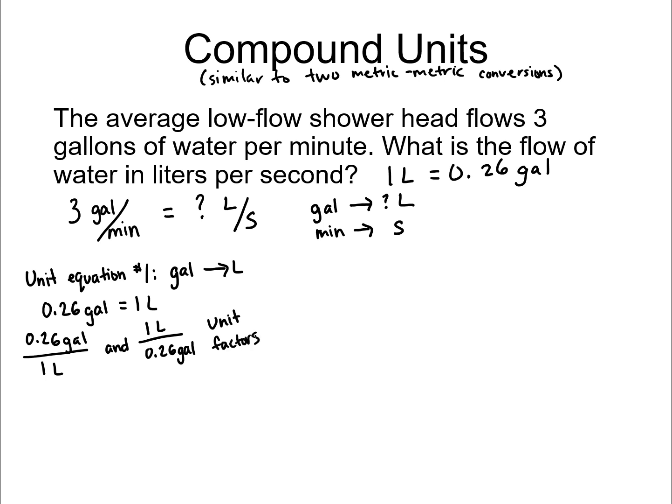So that part is done. It was pretty much done for you. Unit equation number 2, we're going from minutes to seconds. Now that's not something that you're going to see in that chart for the prefixes, but it is something that you know. How many seconds are in 1 minute?